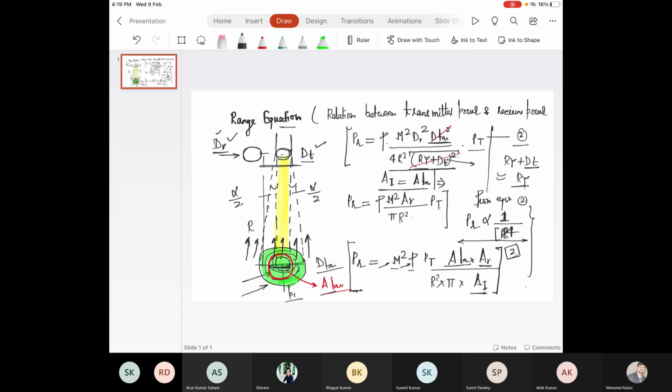We can't increase beyond that. Reason is that the signal that is received at the receiver becomes very weak in case of large range value. What other analysis we can have on the basis of this formula?